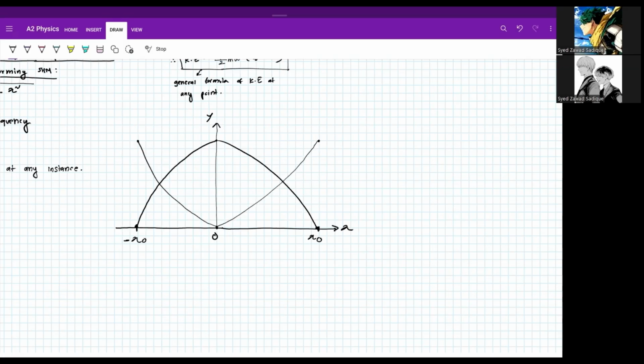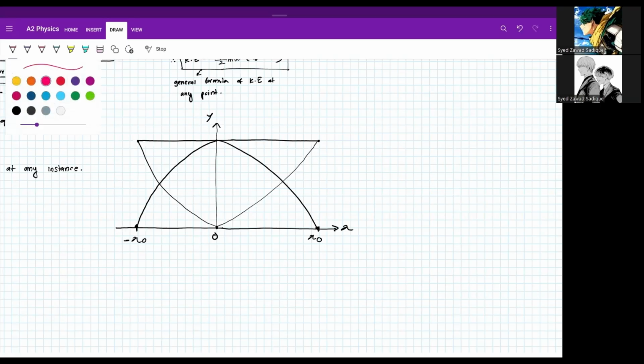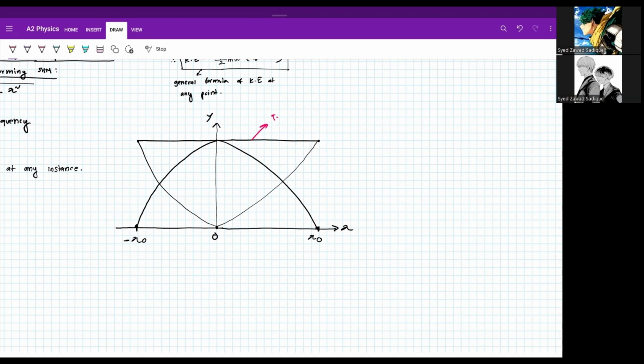Now, finally, what's the total energy? Draw a horizontal line from the leftmost point to the rightmost point. Now, when all of it is together, this is your total energy. This is your kinetic energy, and this is your potential energy.